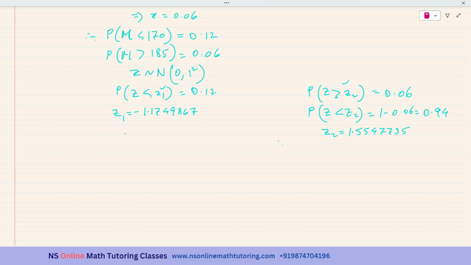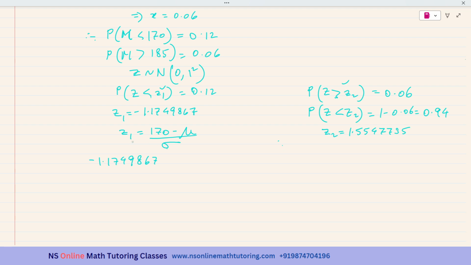And now we know the relation between X and Z, in this case M and Z. So Z1 is equal to 170 minus mu over sigma, that is negative 1.1749867.